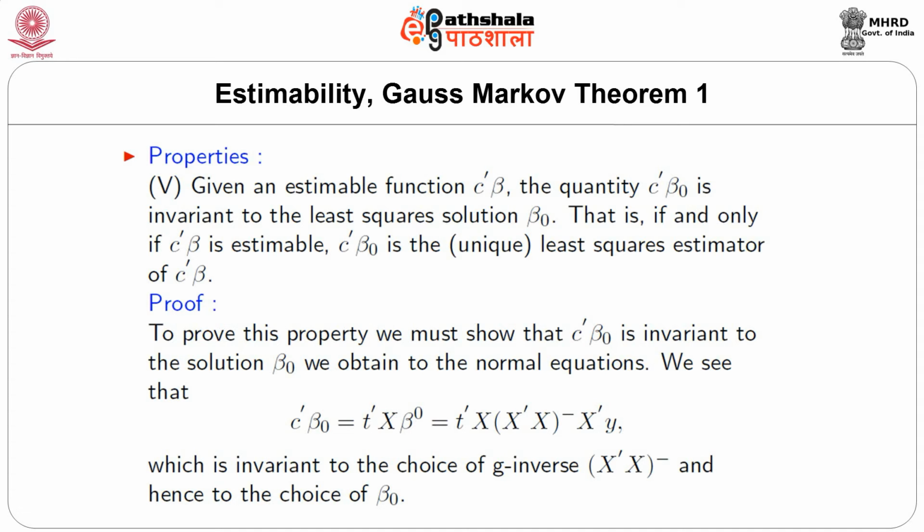Proof. To prove this property, we must show that C transpose beta naught is invariant to the solution beta naught we obtain to the normal equations.